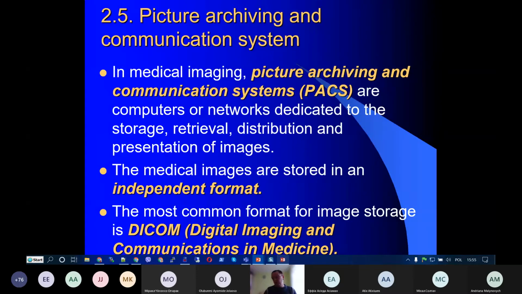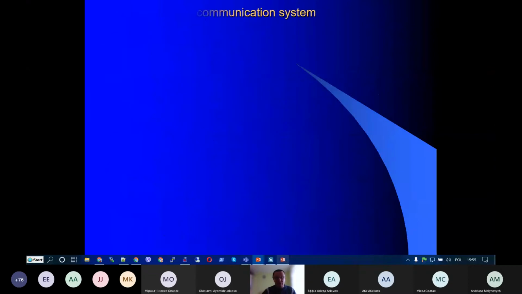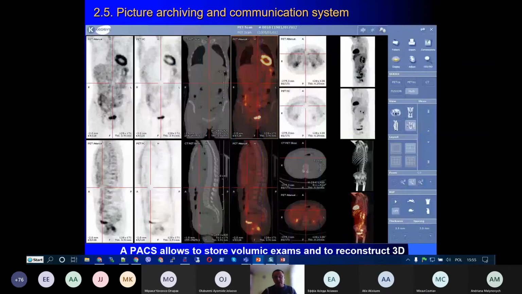Actually, RIS, radiology information system, also must be capable of processing images in this format. So here is an example of how a classical PACS could look, which represents a computer tomography operation system. In fact, it's an operation system.